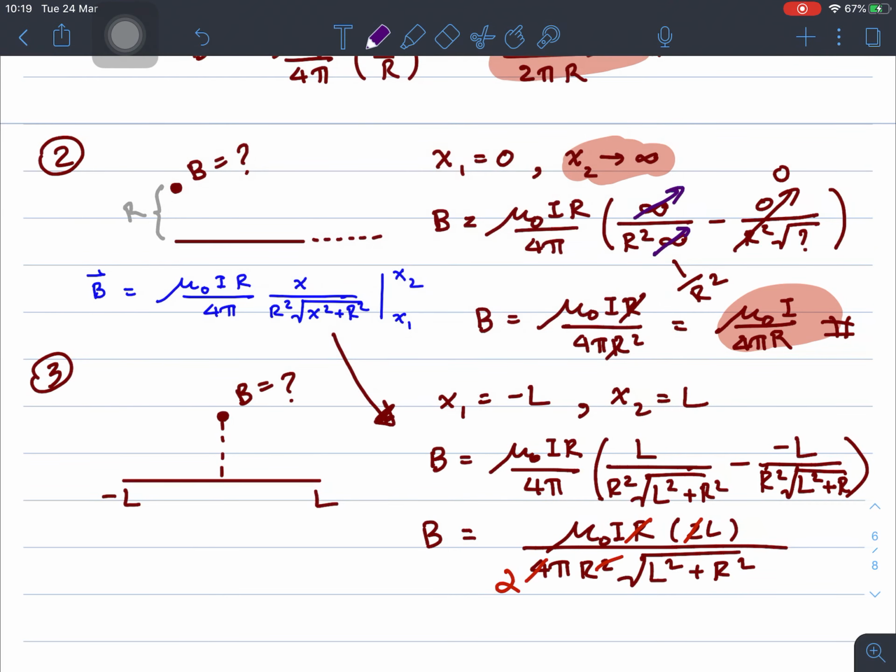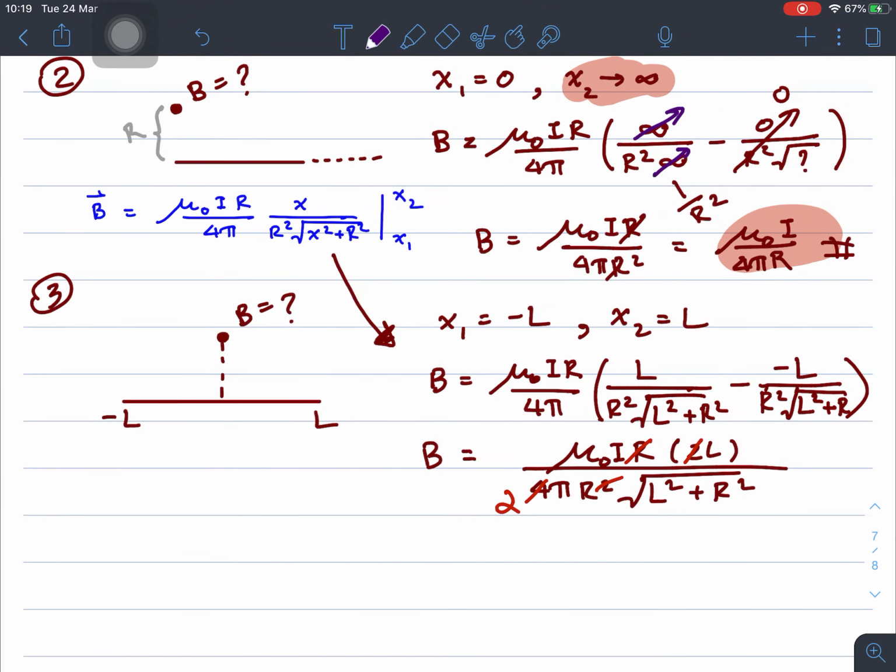So finally you just get B as mu 0 I over 2 pi r times L over the square root of L squared plus r squared.